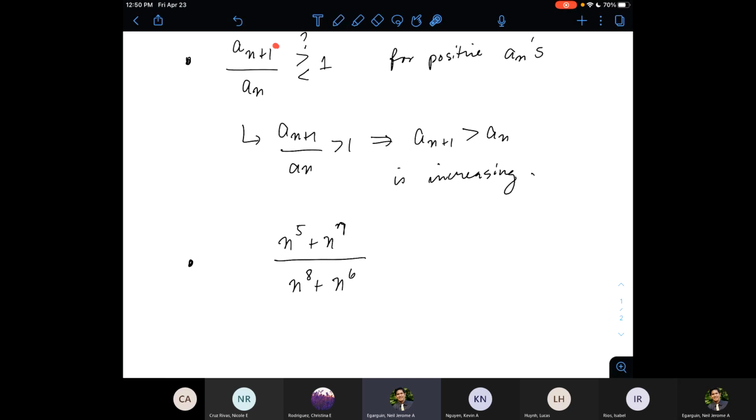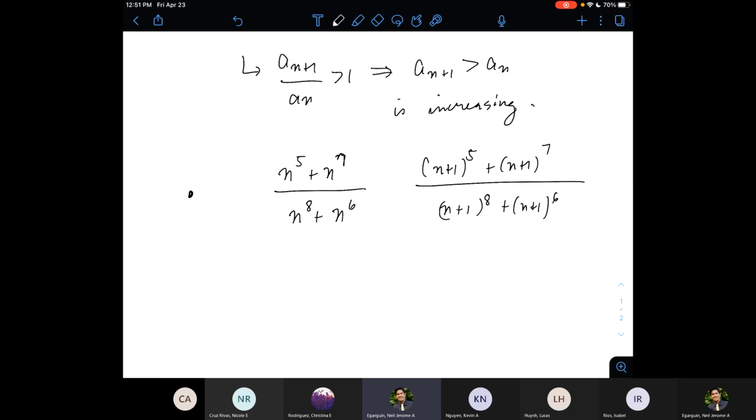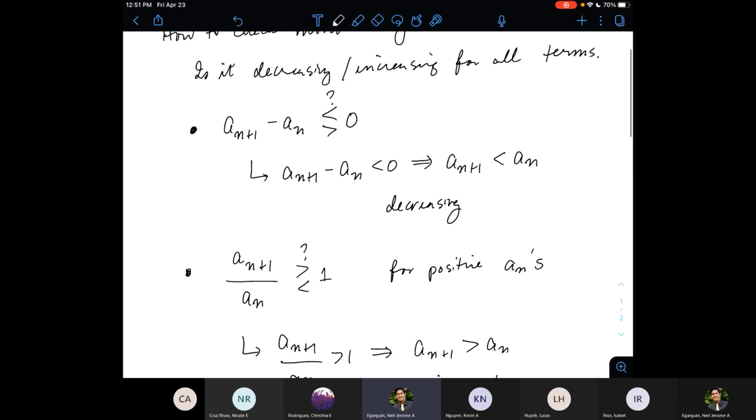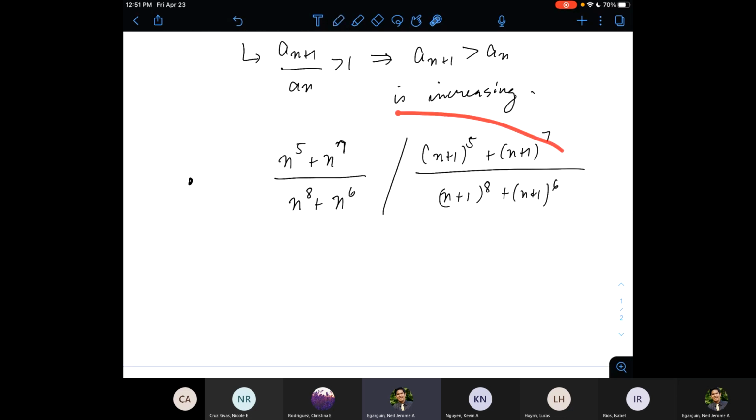It will look like n plus 1 to the 5th plus n plus 1 to the 7th all over n plus 1 to the 8th plus n plus 1 to the 6th. If you do the subtraction or the division for either of these two, it's hard to simplify and see if it's positive or if it's greater than or less than 1.